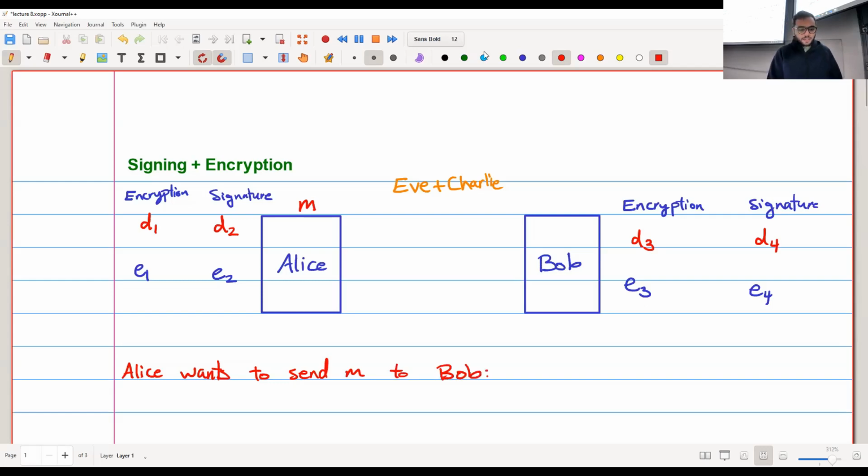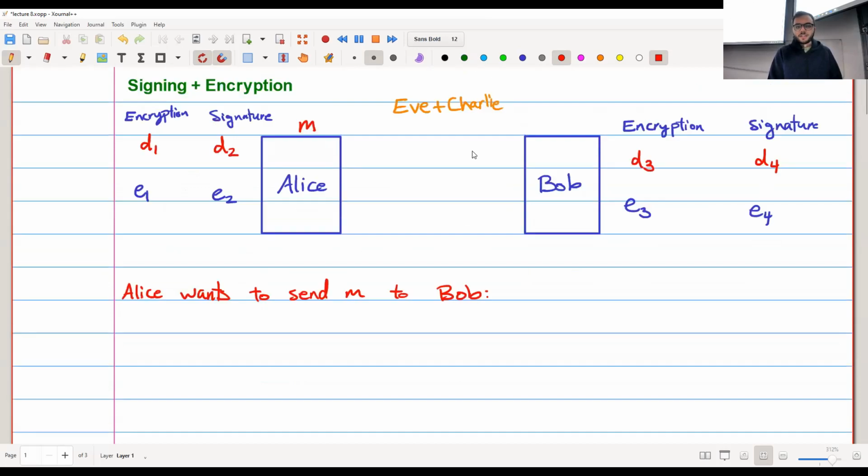Well, the first step is that she has to sign the message, because when Bob receives it, Bob has to be able to verify that it was from Alice. So the first step is that Alice computes the signature. Let's call this signature S. And actually, even this signature is secret. And how is this calculated?